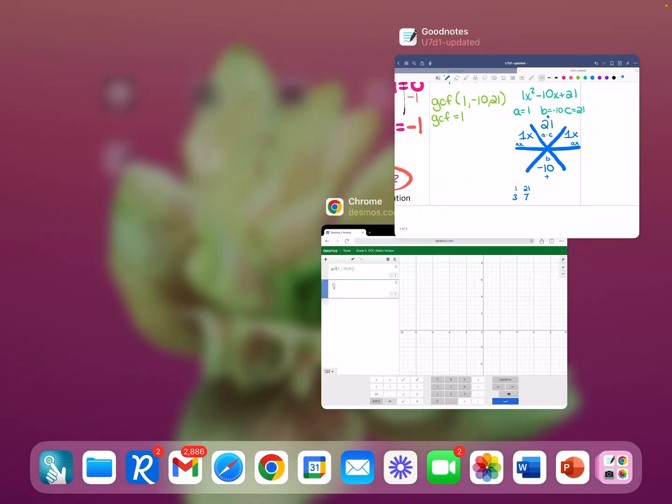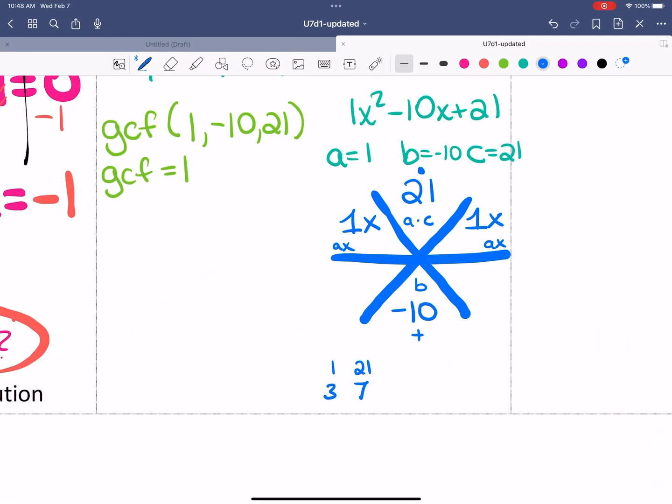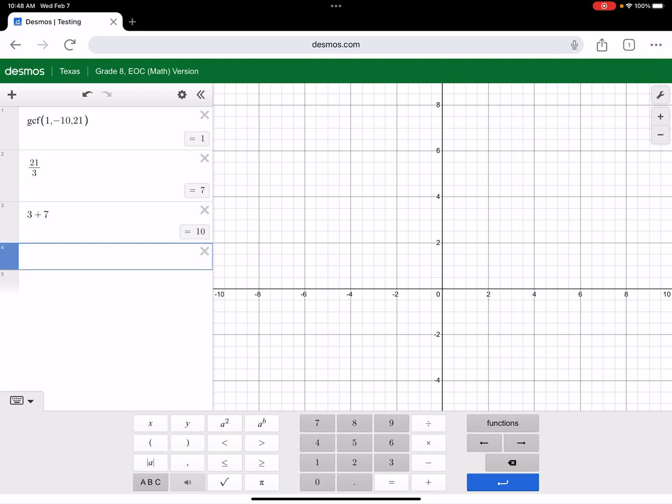Now I'm going to see if they add to that bottom number, -10. So 3 plus 7 is not a -10, it is a +10. So we're close, but we do need to do a change. So this is where you need to be careful with your signs. I still need the top number to be a positive 21. So if you only do one negative, then when you type that in, negative 3 times 7 is no longer a positive 21.